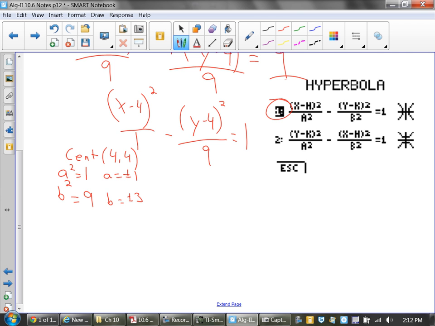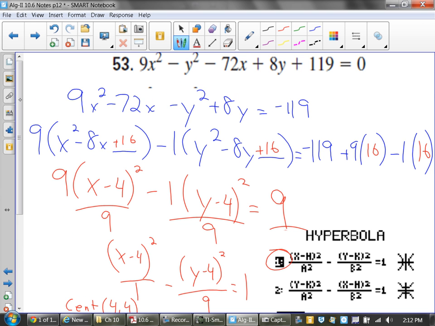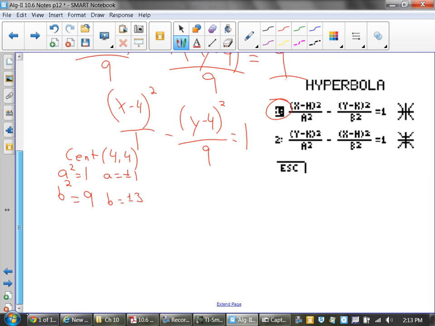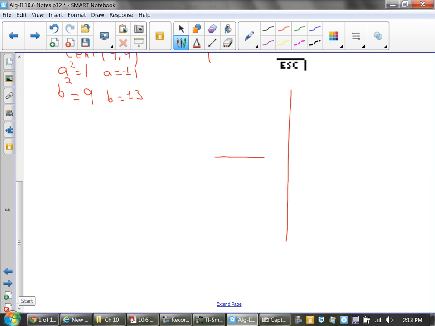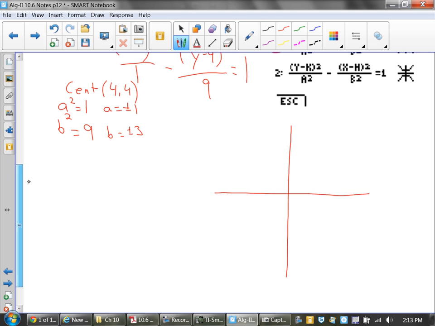You have to factor out that negative 1 though, but that's why. You have to factor out that negative 1 because that y squared term was negative 1 y squared. In order to keep the square, that's got to be just a positive 1. So we start these graphs. Your center was at (4, 4).